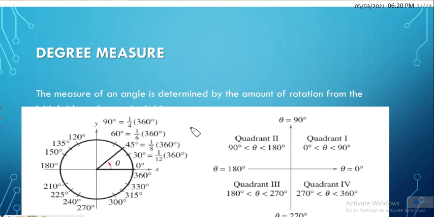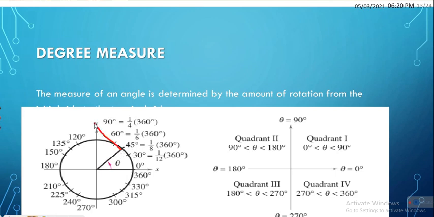So of course what we are trying to say here is that positive angles are measured anti-clockwise from the x-axis, and negative angles are measured clockwise from the positive x-axis.